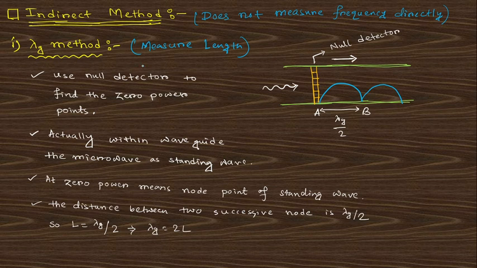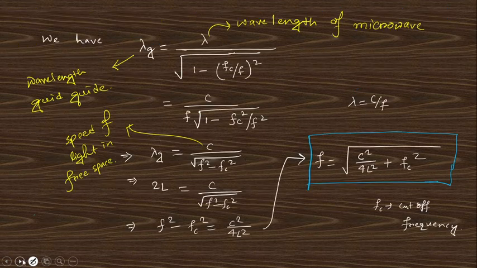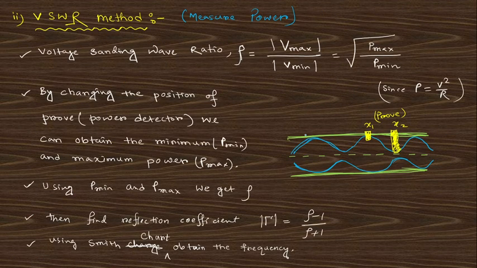And in the lambda g method we measure length and then convert it into the frequency, whereas in the VSWR method we measure the power, then convert it into the reflection coefficient, and finally we find the frequency.